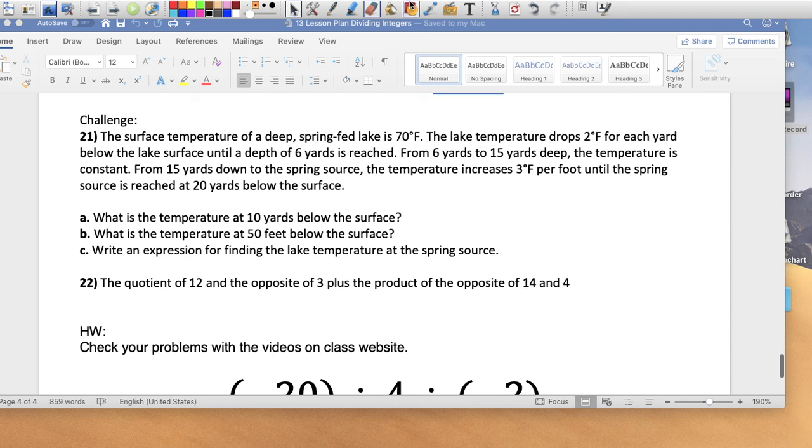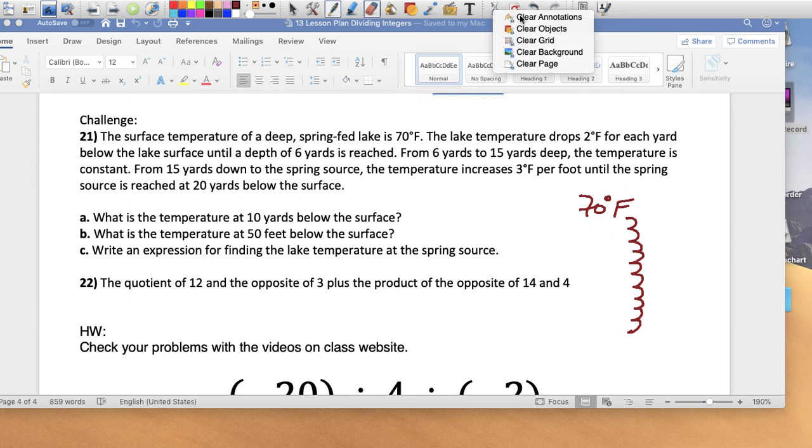The surface temperature of a deep spring-fed lake is 70. Okay. The lake drops 2 for each yard below the surface. So each yard, it drops 2 degrees, right? Until a depth of 6 yards. So maybe I want to redo this again.